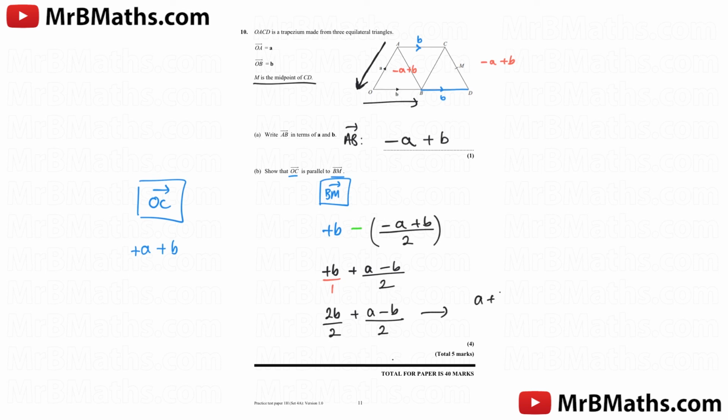So I'll have (a plus b) over 2. I can then factor this to 1/2 (a plus b). And this then matches exactly with this. Okay, so the a plus b part will show that they're both parallel. And that's your 5 marks.